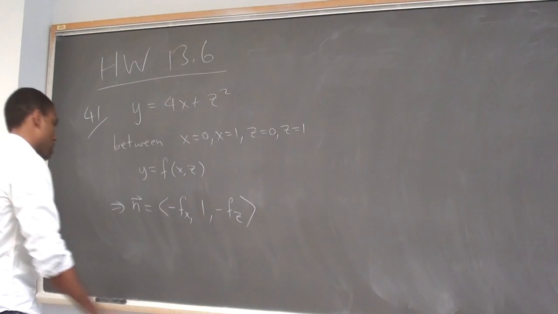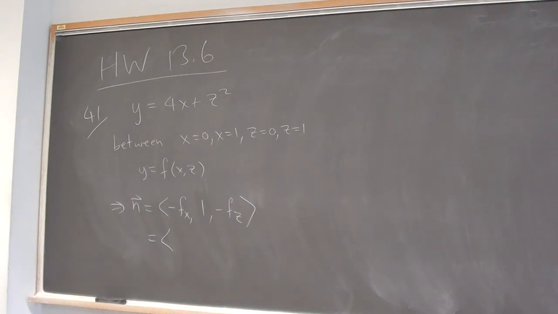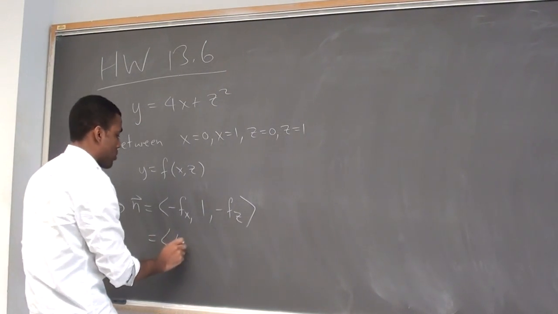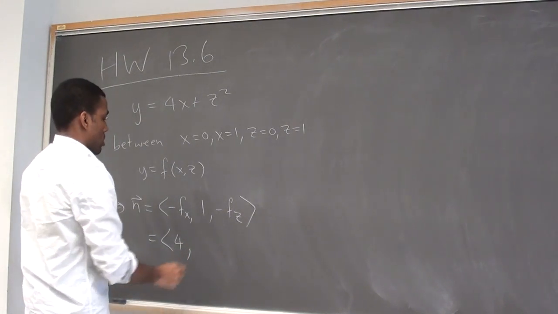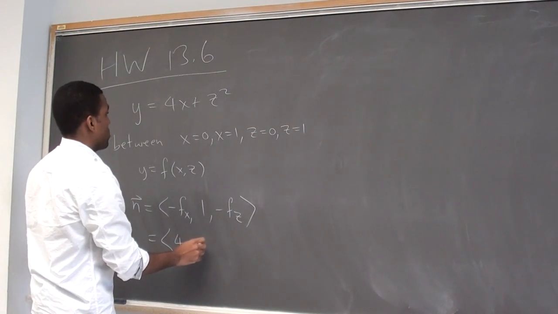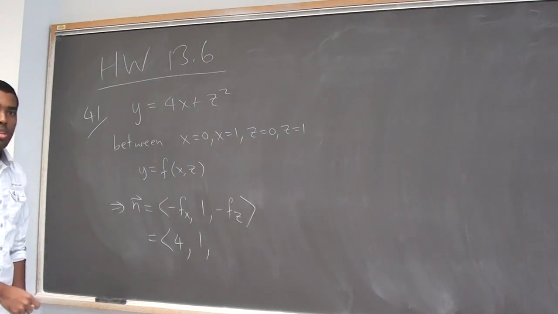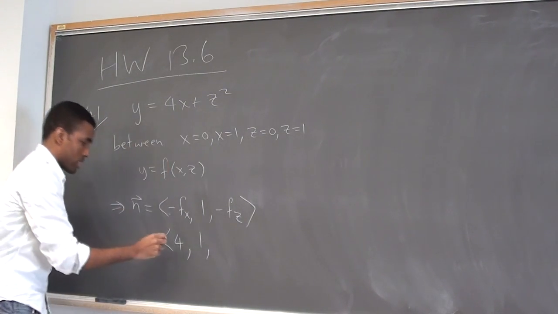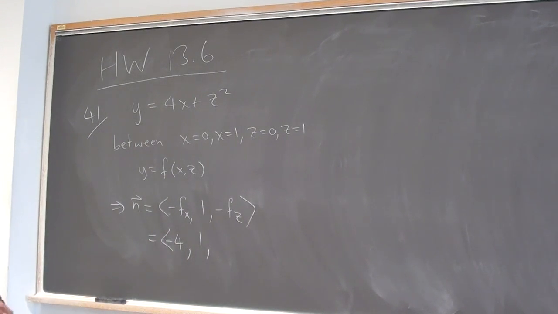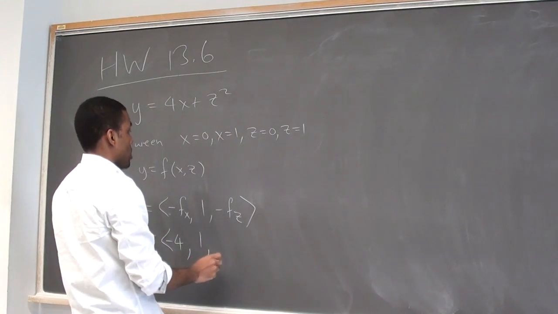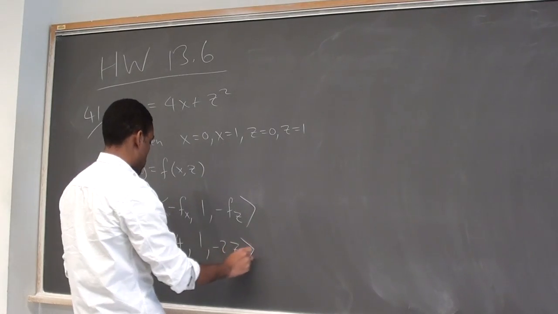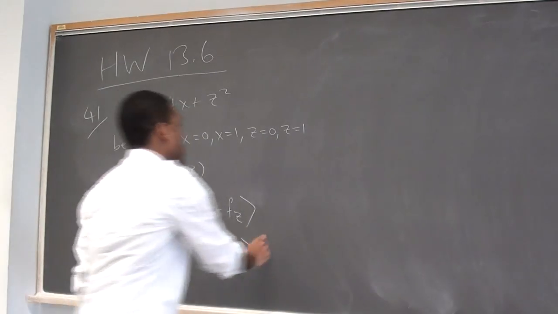So the partial with respect to x is 4. Negative 4, yeah, negative f of x, right? So it's minus 4, comma 1, comma partial with respect to z is minus 2z, right?